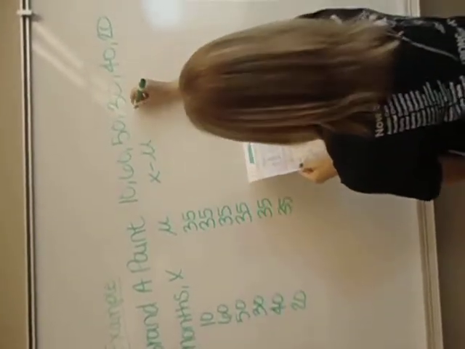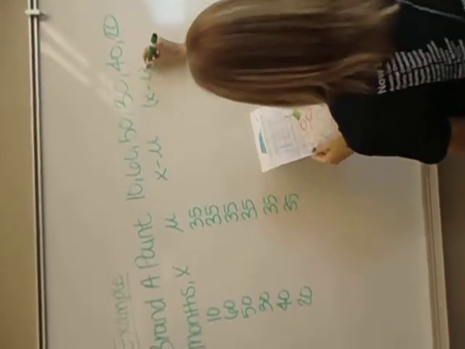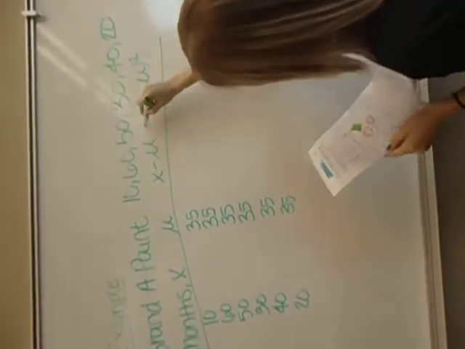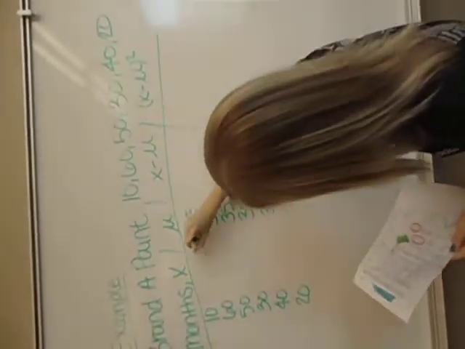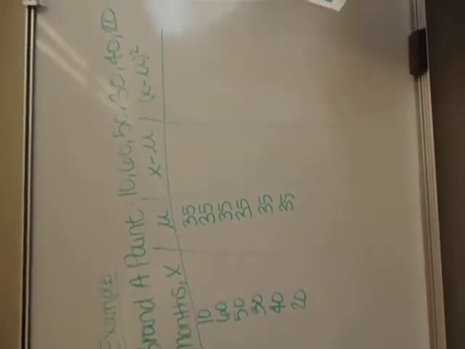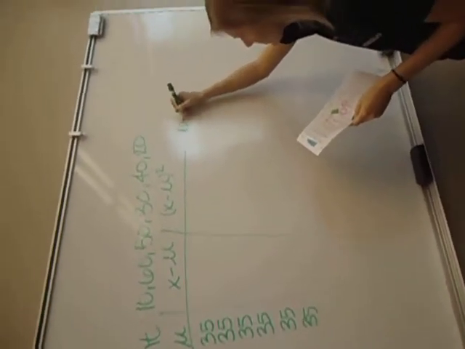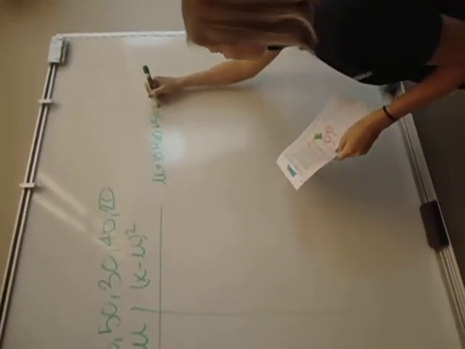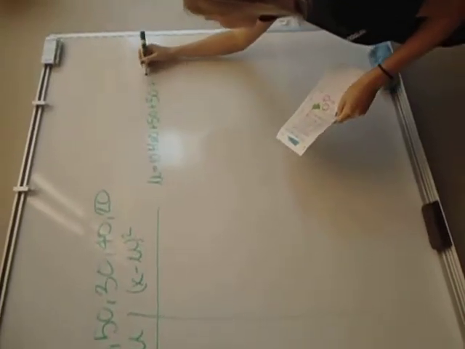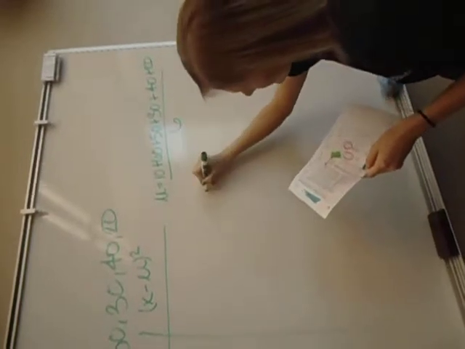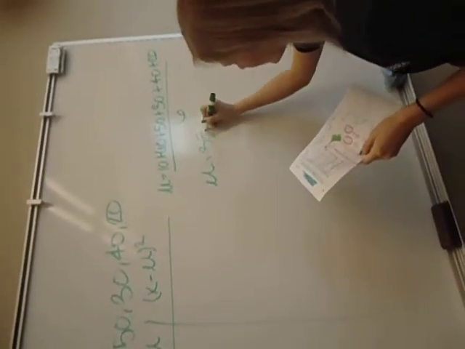And then our next column is going to be the variable minus the mean squared. To find the mean, we're going to add all these together and divide by 6. And your mean is 35, and that is where you plug the 35 in over here.